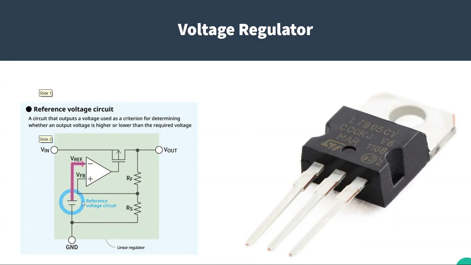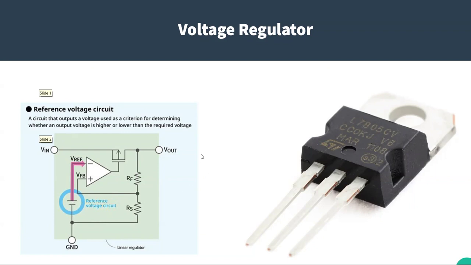This shows a typical circuit of what's inside, and it will usually have a field effect transistor being controlled by a comparator, which is comparing the output voltage back to a voltage reference. Typically, that voltage reference circuit would be one of your Zener diodes and a resistor.